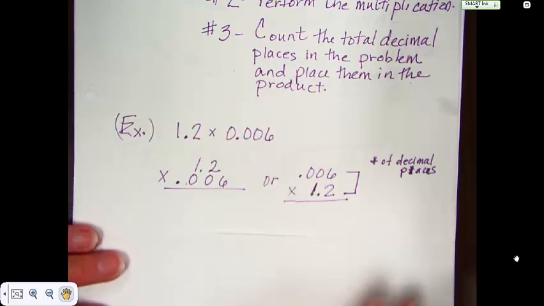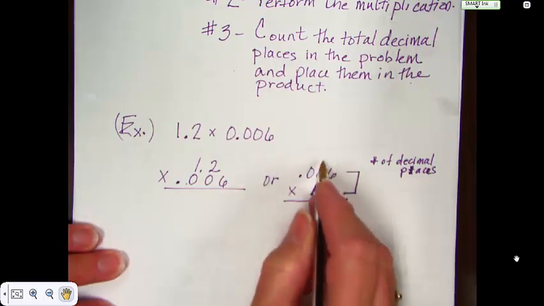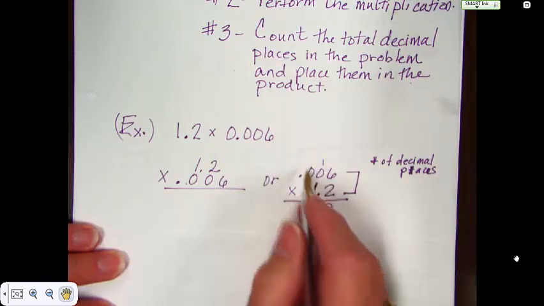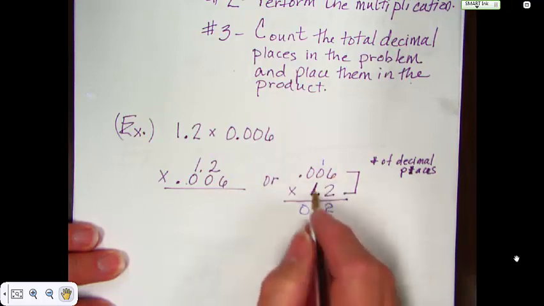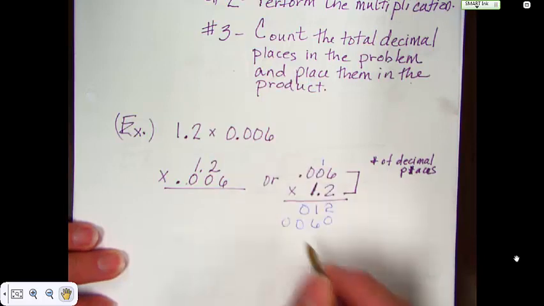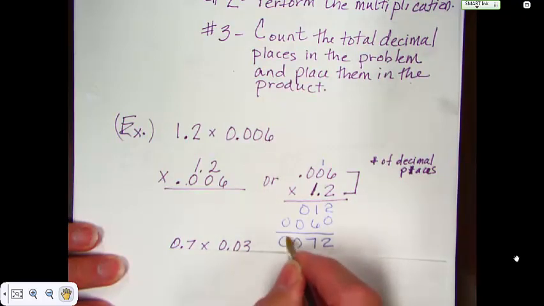It seems like it's a little easier to do. 2 times 6 is 12. Add the 1. 2 times 0 is 0, plus 1 is 1. 2 times 0 is 0. So put a 0 here. 1 times 6 is 6. 1 times 0 is 0. 1 times 0 is 0. Okay, now you've got everybody accounted for. Go down here. 7, 0, 0.